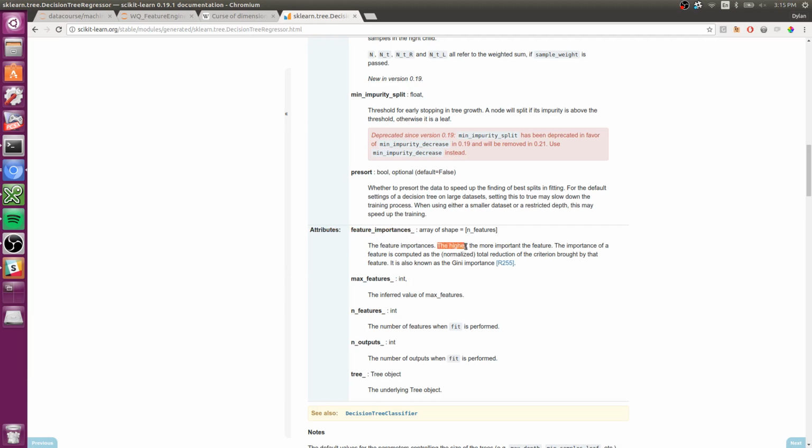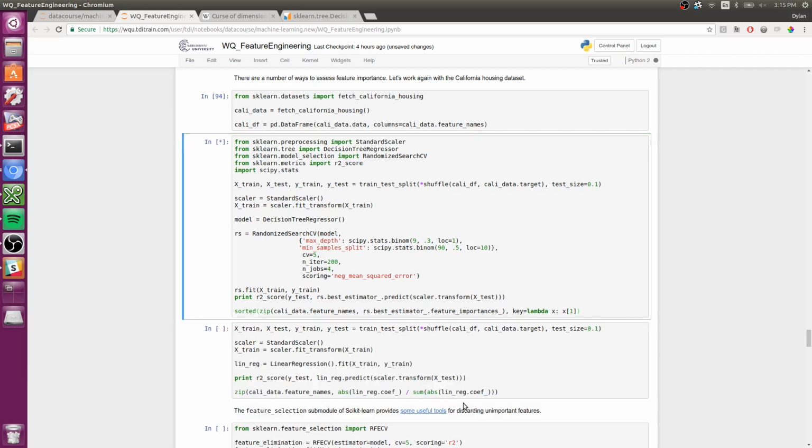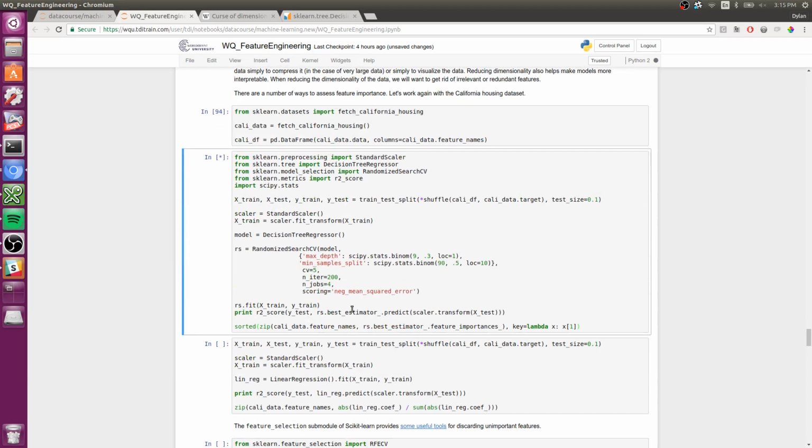And it tells us the higher the score, the more important the feature is. So if we sort this, oh no, not what I meant to do. I apologize, we'll have to wait another minute while this trains again.